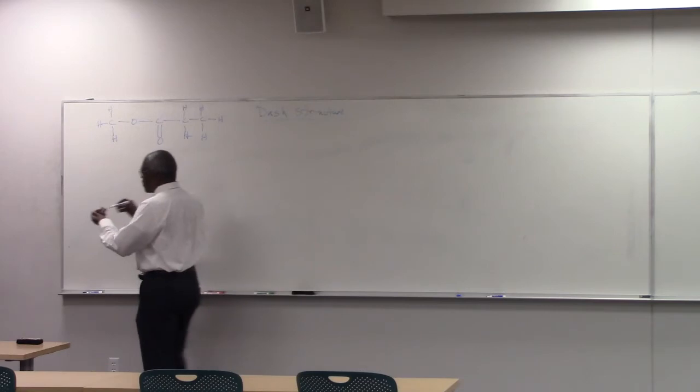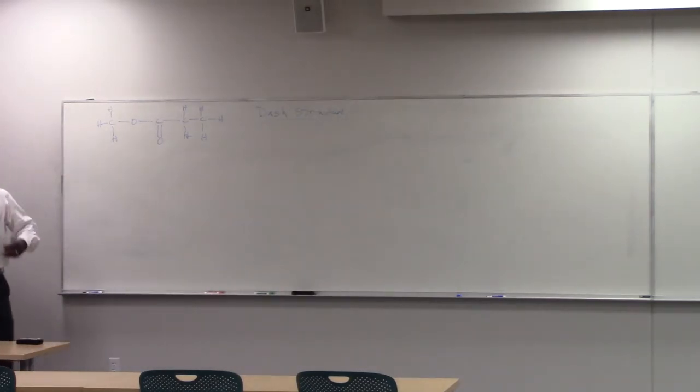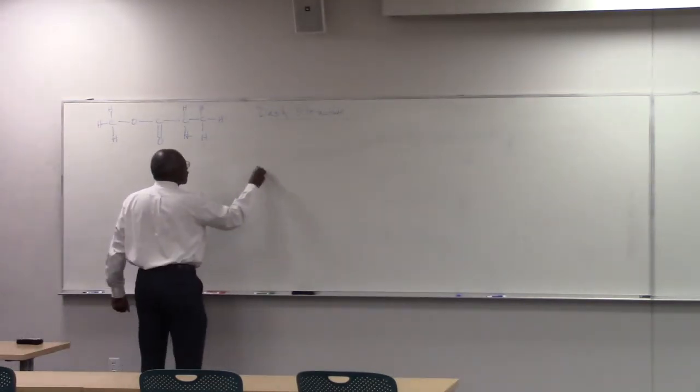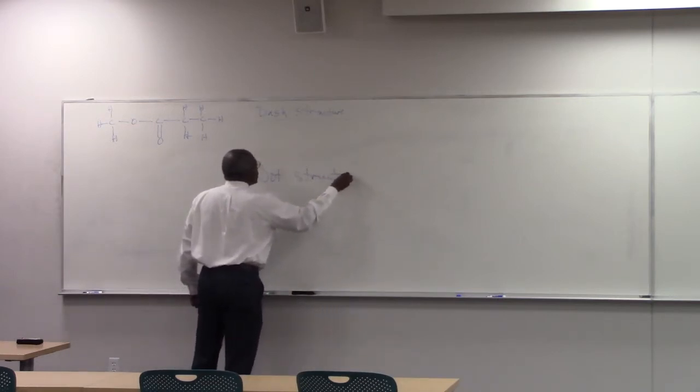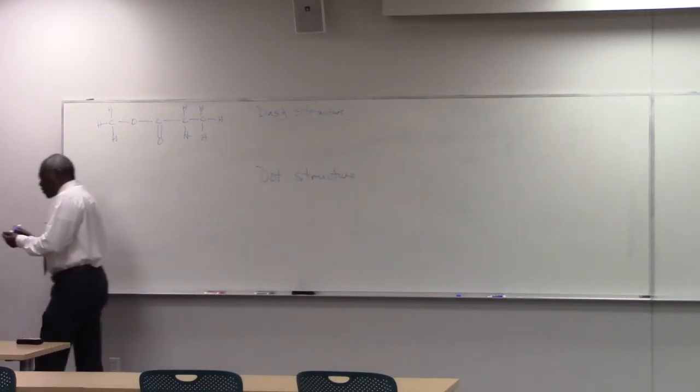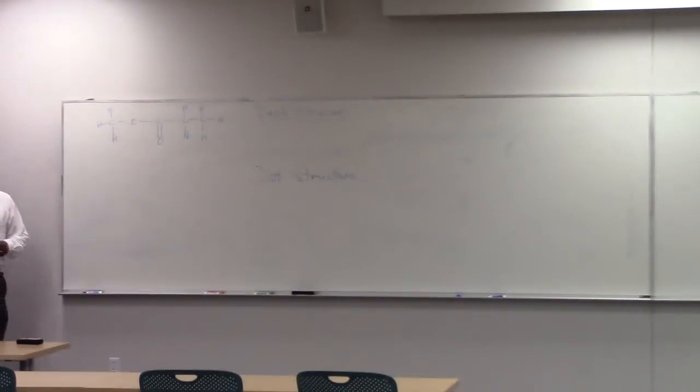That's the one you've seen me draw all semester so far. It shows all bonding pairs of electrons as dashes. There is also a dot structure, which is very rarely used. And this time, a dot structure will show all of the bonds as shared electron pairs.